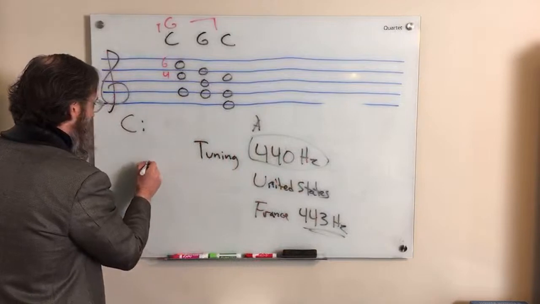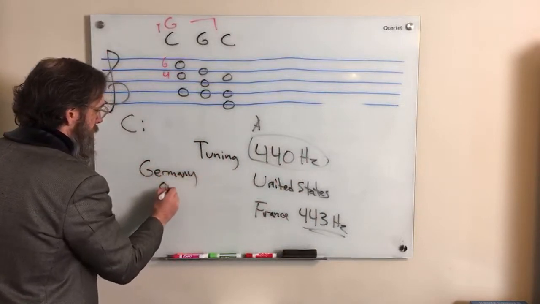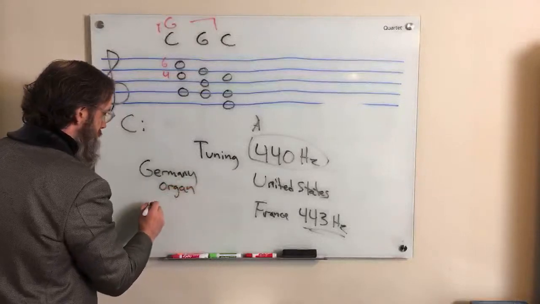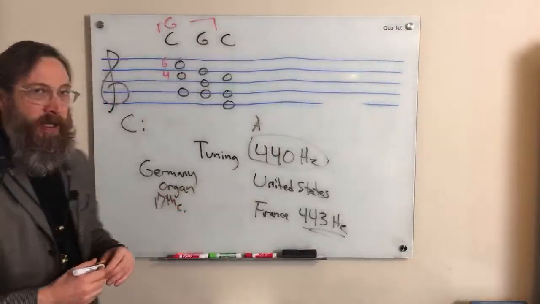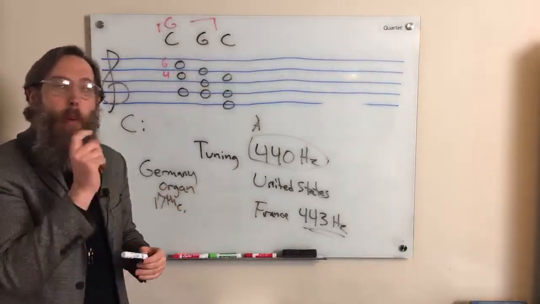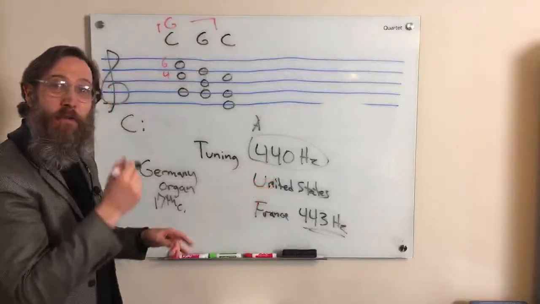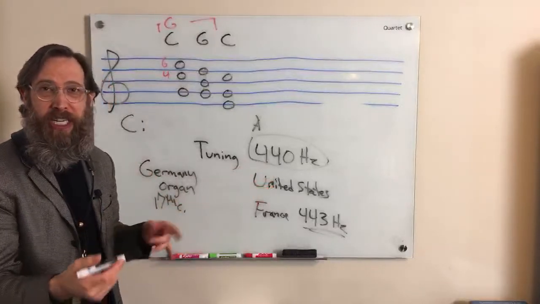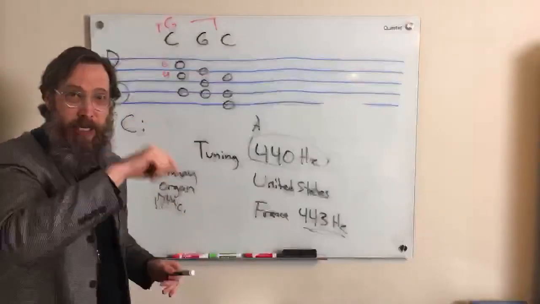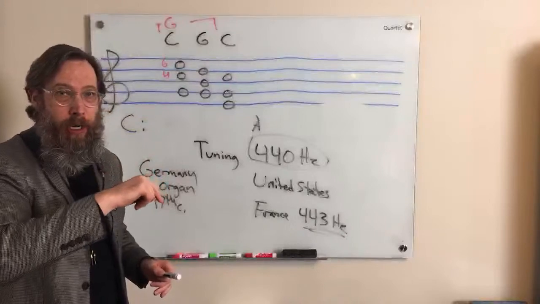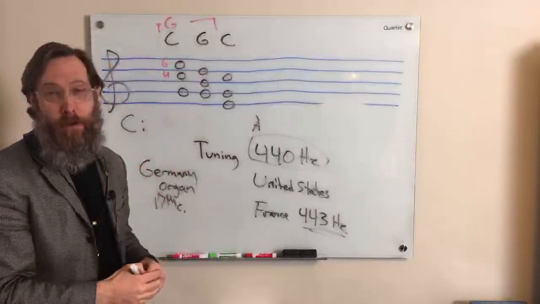So let me point out, especially in Germany, when you had all these organs being built in the 17th century, they would not all be tuned to the same A. You go from village to village or town or city in Germany, and you play what looks like the note that's going to be an A on the keyboard, and they could be widely different pitches.